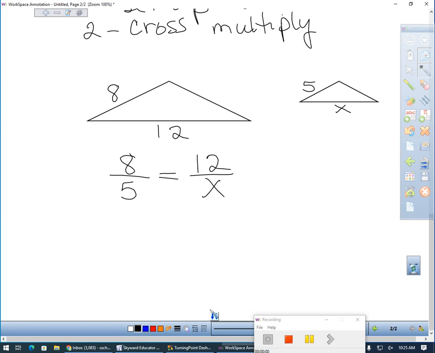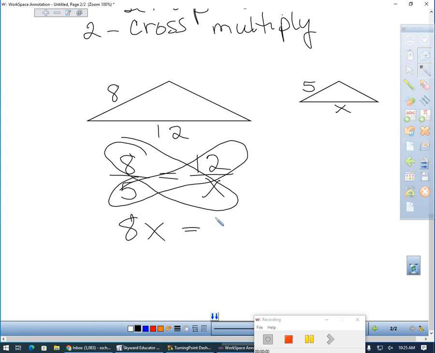Now we cross multiply. I like to multiply the direction of x first. So 8 times x is 8x equals 5 times 12. And then what do we do? Perfect. x equals 7.5. Good. All right. Okay. Example number 1.